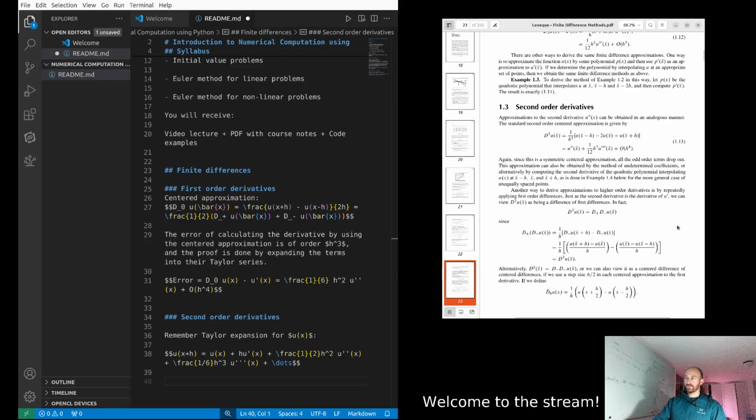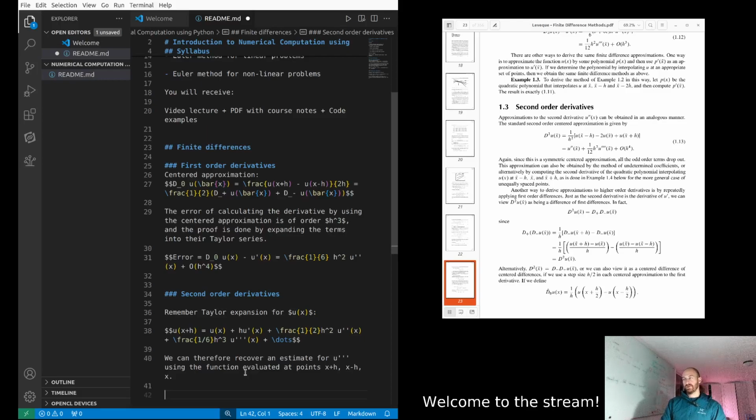So let's write it down. I'm going to say here we can therefore recover an estimate for u triple prime using the function evaluated at points x plus h, x minus h, and x.